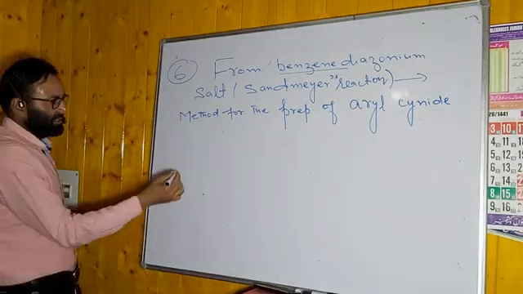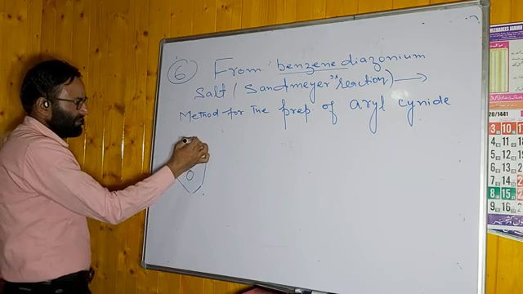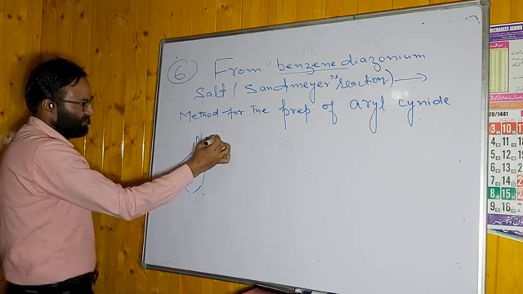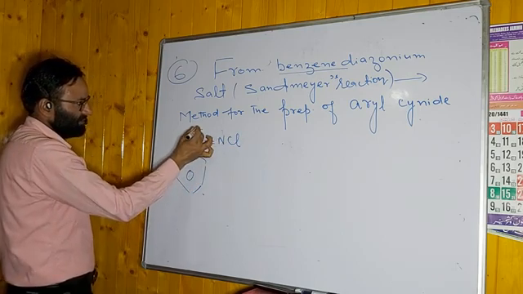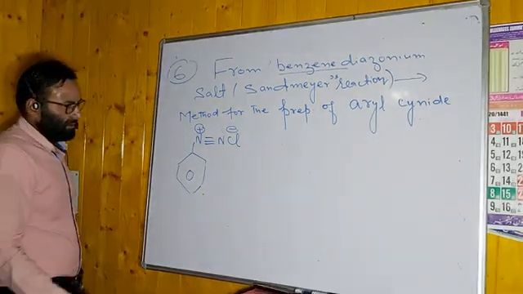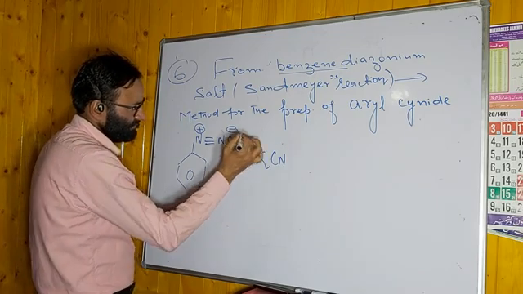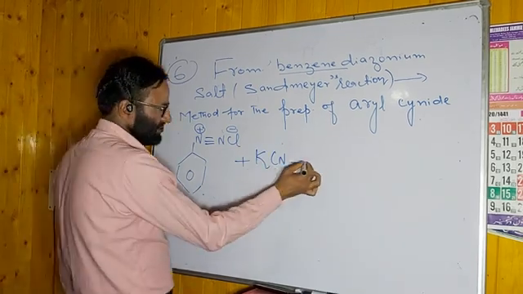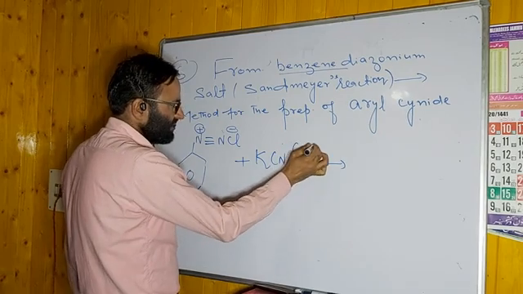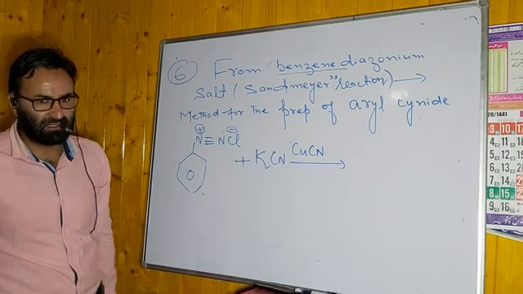What is the reaction? You have to treat benzene diazonium chloride, which is a salt, with potassium cyanide in the presence of catalytic cuprous cyanide.